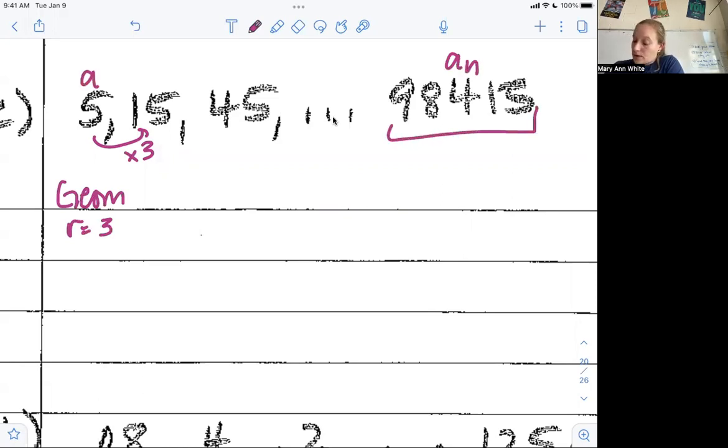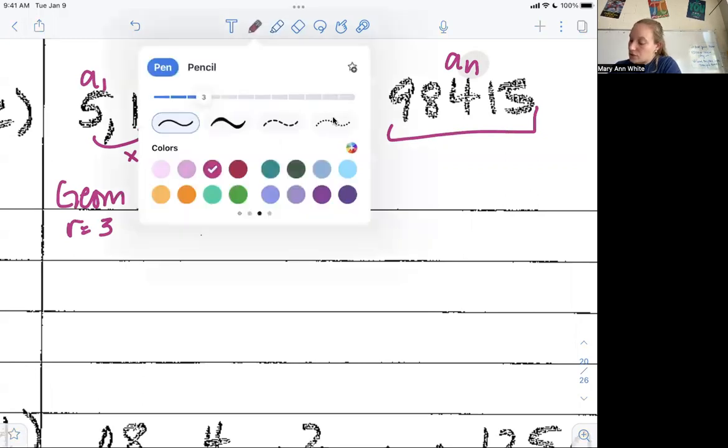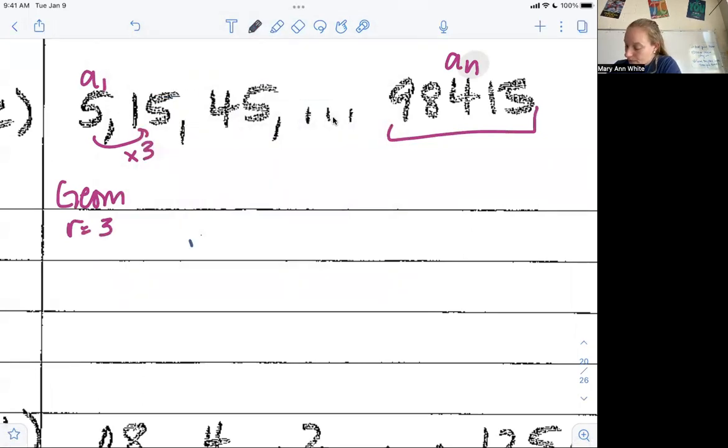Unfortunately, we also have a sub 1. If this was arithmetic, we'd be ready to just plug it in, but we don't know what term we have, and we need to figure that out. Just like we did last time, we're going to use our original geometric sequence form, a sub n equals a sub 1 times r raised to the n minus 1, in order to find our n.